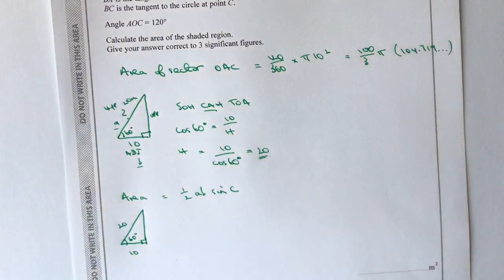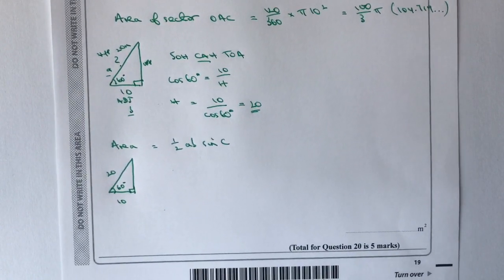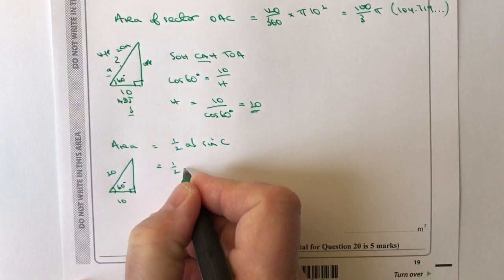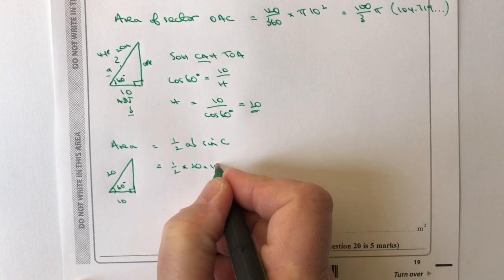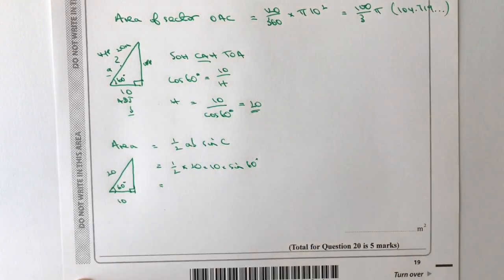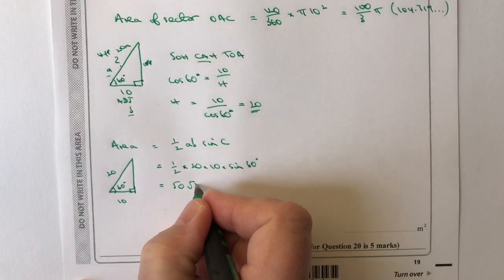Now if I know that, it allows me then to work out the area using this formula. So I can just plug those numbers in, and I've got a half times A, which is 20, times B, which is 10, times C, which is the sine of 60 degrees. Pop those into my calculator, and I get 50 root 3.